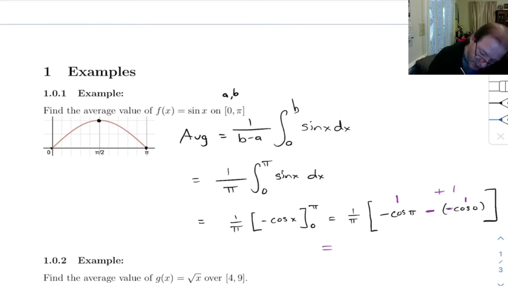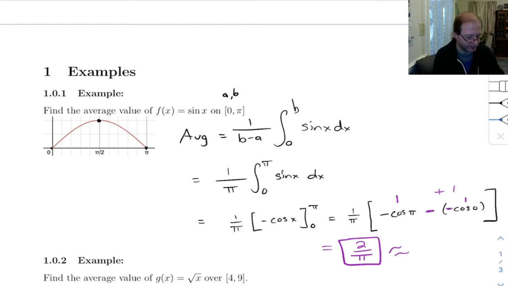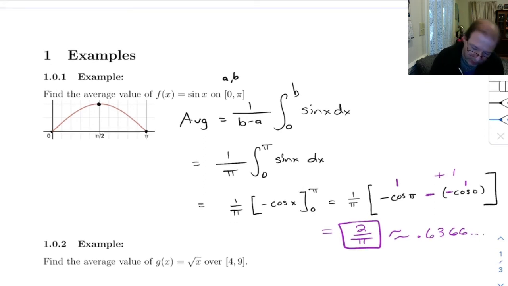It looks like what we get out of this is 2 over pi. And what is 2 over pi? .6366. So if you were to draw this in up here, it's going to be something about like that, a little bit bigger than a half.